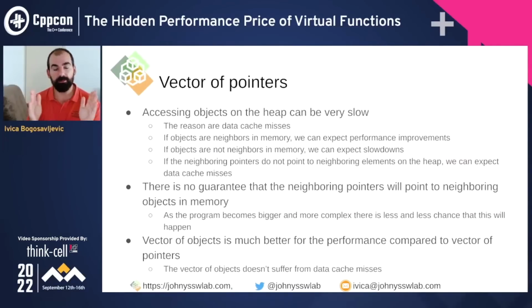Now, when you have your program and you allocate a vector of pointers, and now you're allocating objects for the pointers to point to, imagine you have a vector of 1 million pointers, and you will have 1 million calls to malloc or new. We have 1 million allocations on the heap. There is no guarantee that the neighboring pointers in the array will point to neighboring objects in memory.